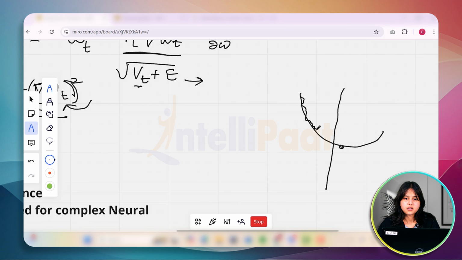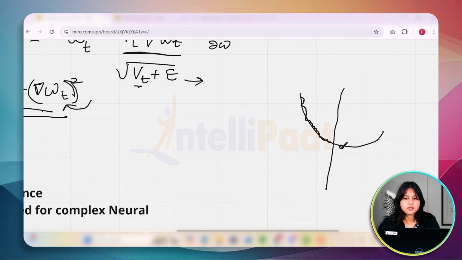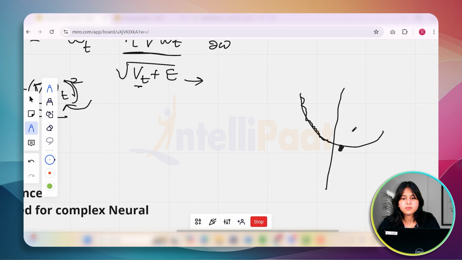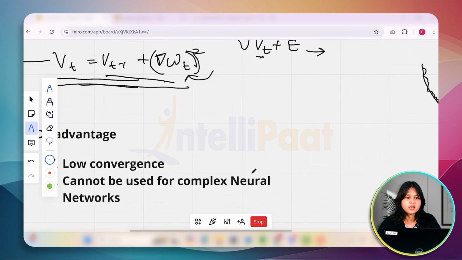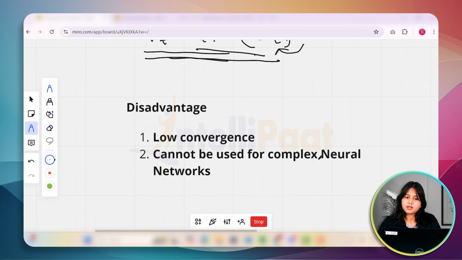And when it's about to reach the global minimum, sometimes the learning rate is so small that moving forward is not an option for the algorithm. So most of the time it stops really close to the global minimum and considers that point as the global minimum. So there is slow convergence for AdaGrad.